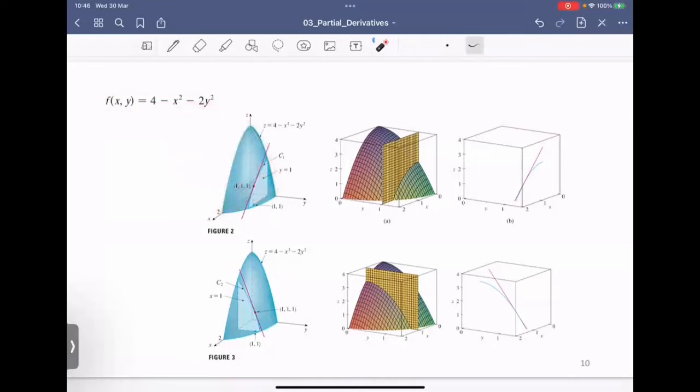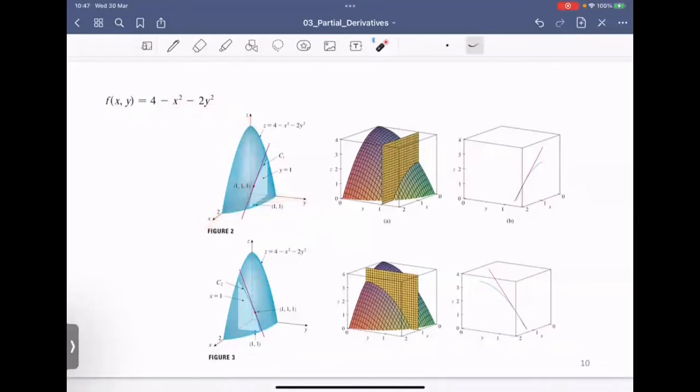You can try plugging this into Google, and it's going to show you the graph of this function. It's going to be in 3 dimensions because you have a function of 2 variables. So you have x and y, and you have another axis called z. So for a 2 variable function, you're going to need 3 dimensions to plot.